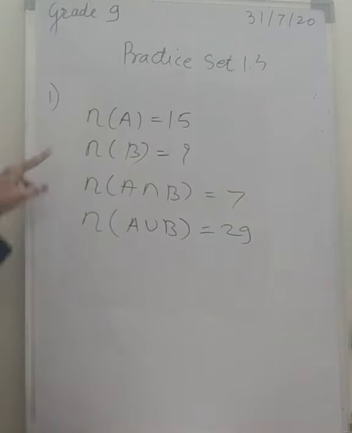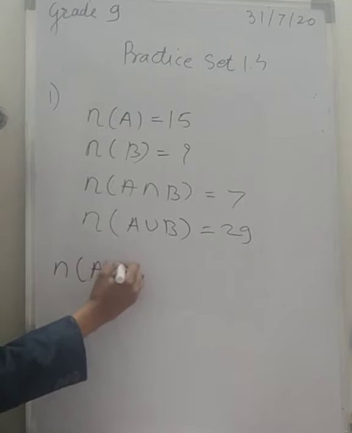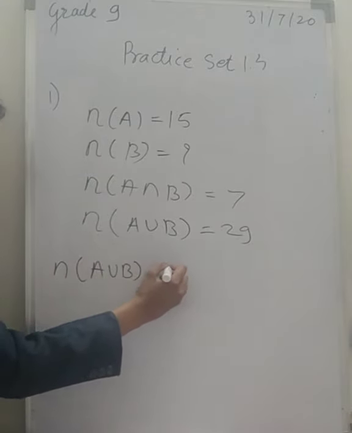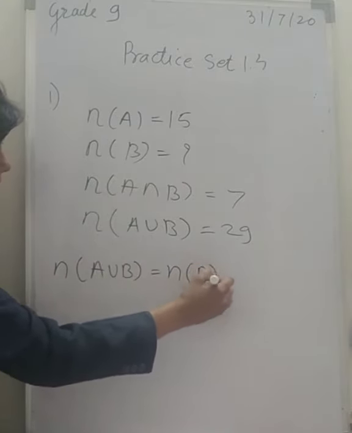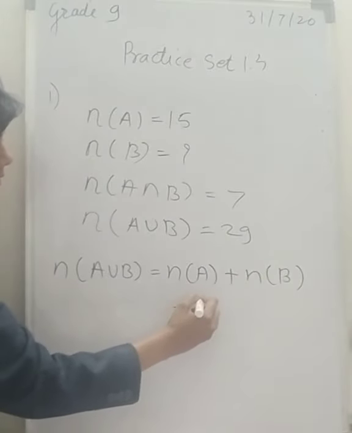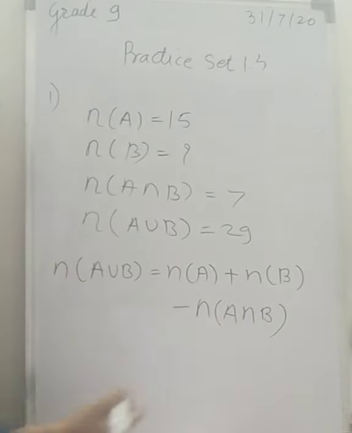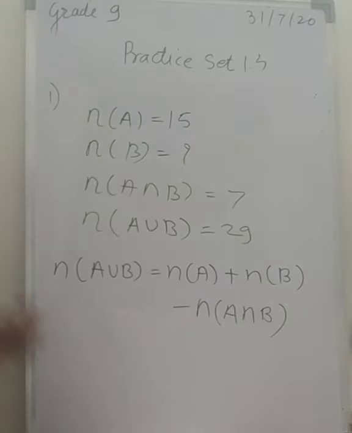Okay, so how will you find out this n of B? You know the formula that the number of elements present in A union B is equal to the number of elements in A plus the number of elements in B minus the number of elements in A intersection B. Okay, so let's substitute these values.